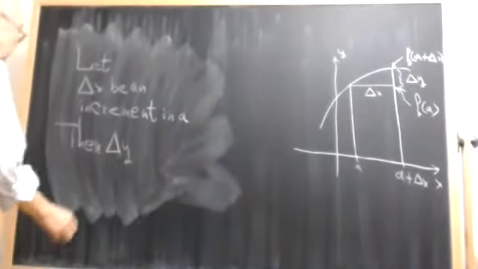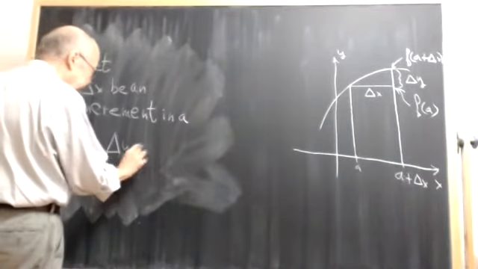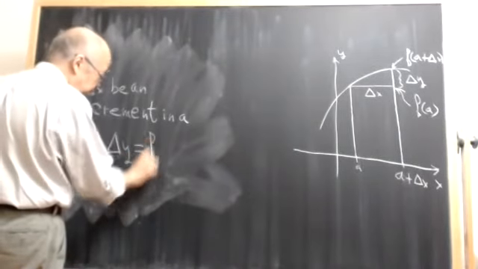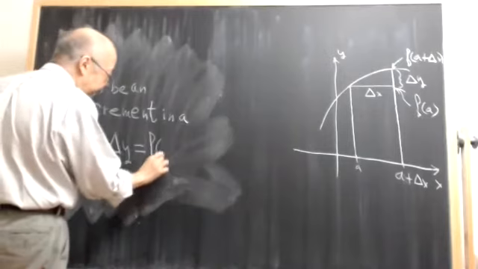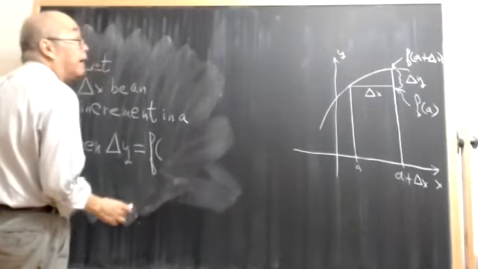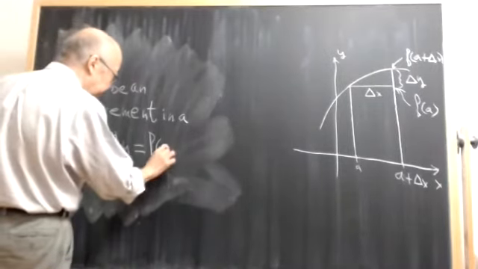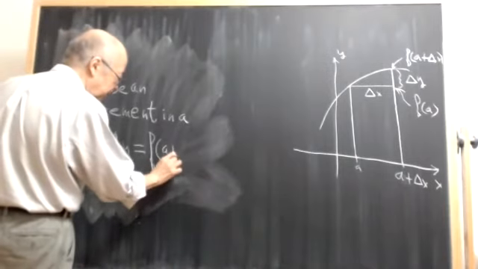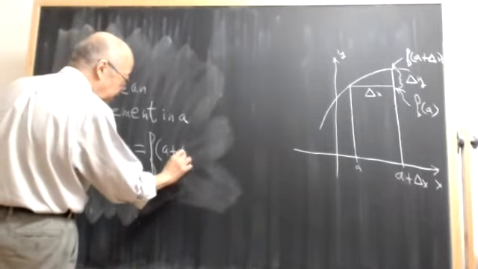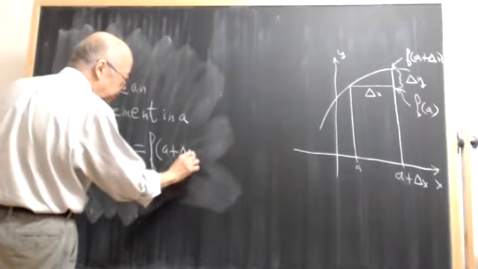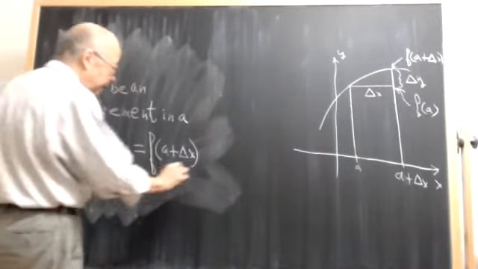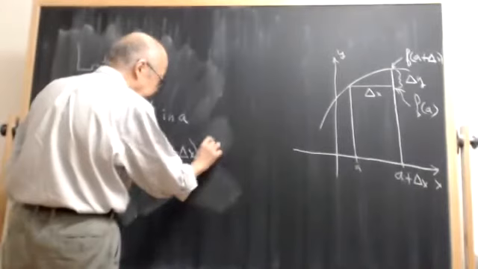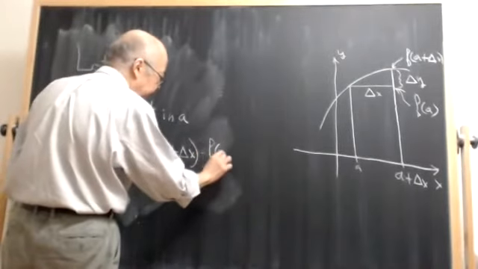So delta y is f at A plus delta x minus f of A.